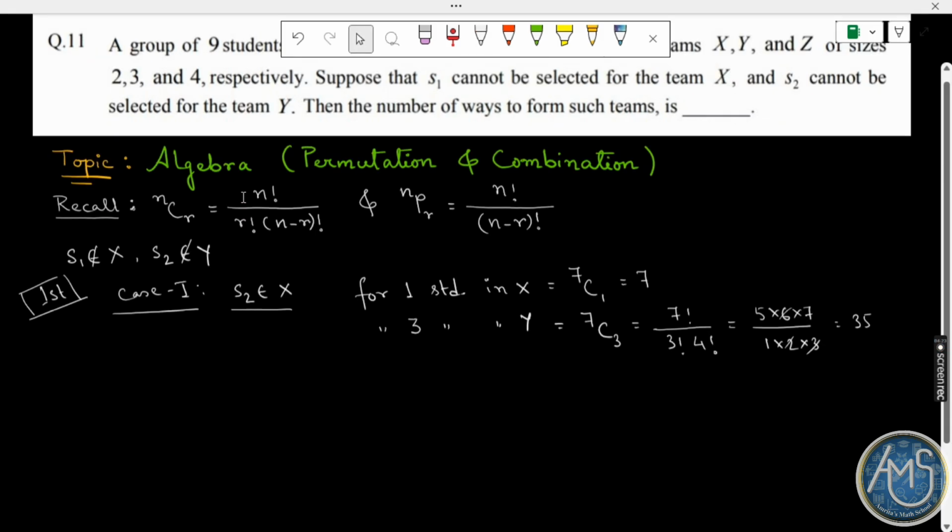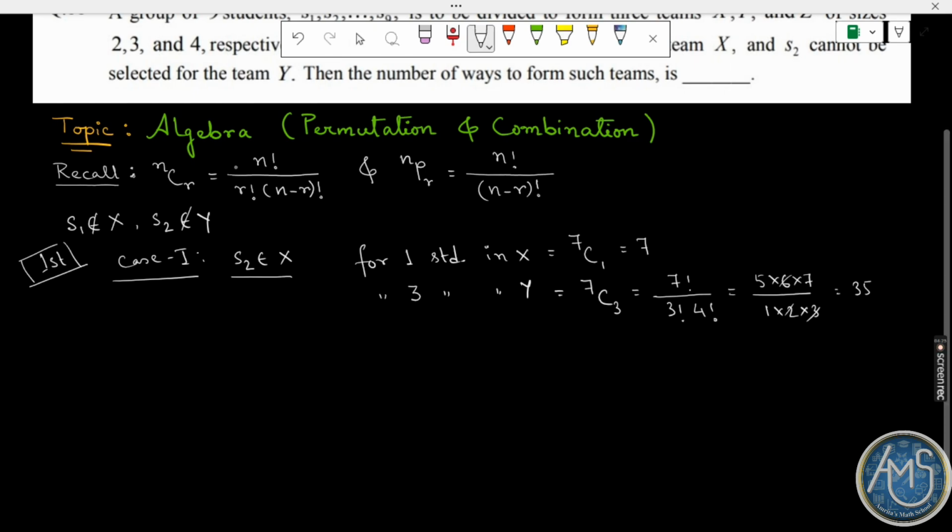And if we have selected 1 student for X, that means a total of 2 students for X and 3 students for team Y, only 4 students remain to be in team Z, and we have to include all of them. So for 4 students in Z, how many ways?